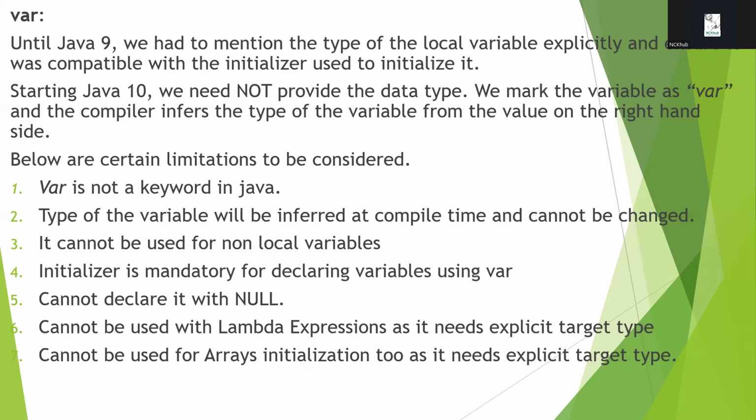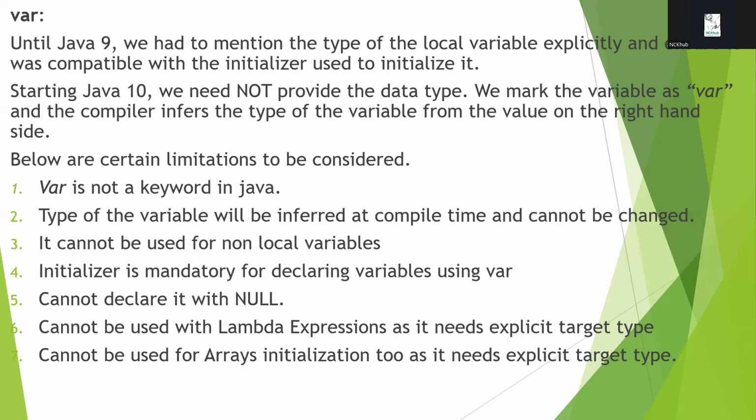But there are certain cases where we have to explicitly declare the target type. In those scenarios, var cannot be used. One such case is lambda expressions, and another such case is array initialization. In both these scenarios, you cannot use var, and you have to explicitly define the target type.